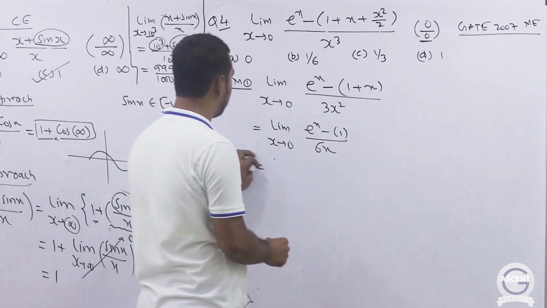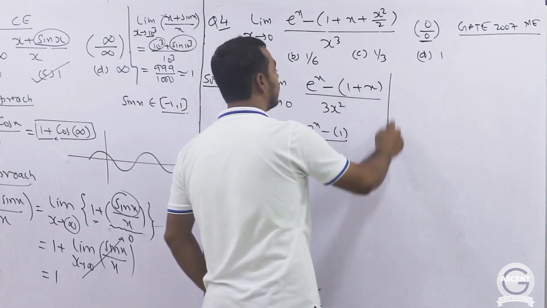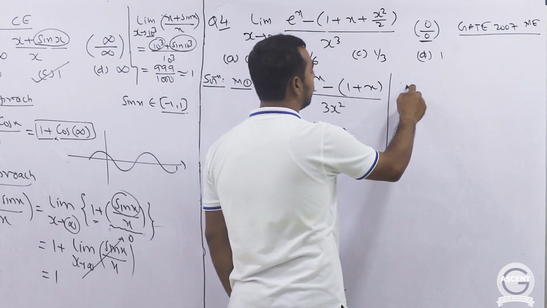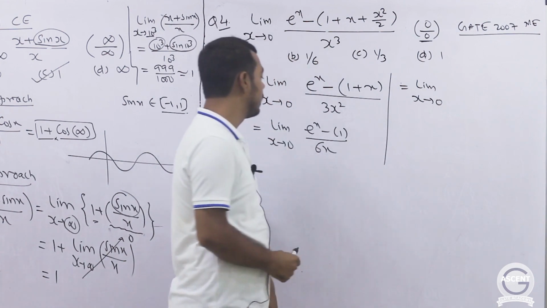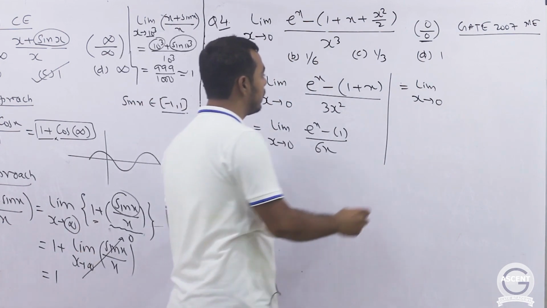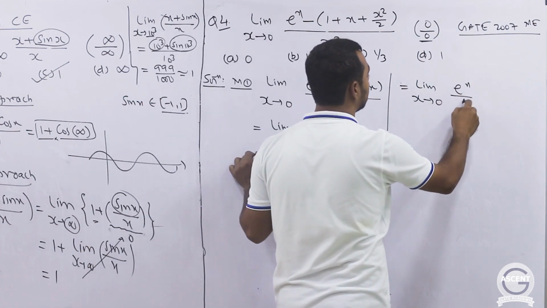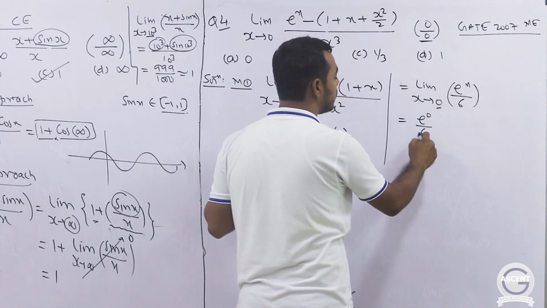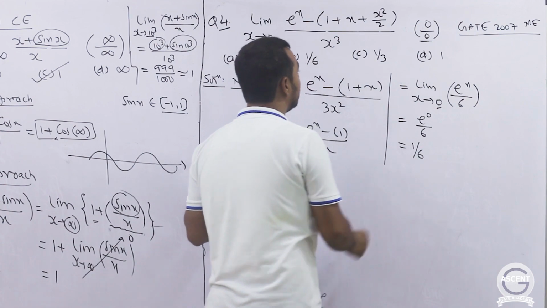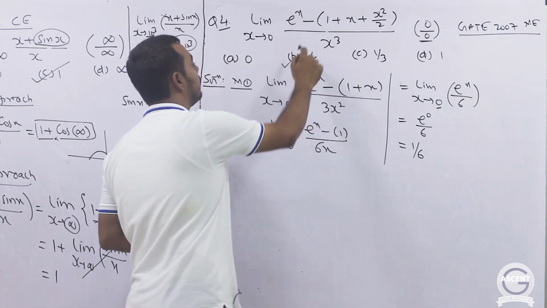Differentiating one more time, I will get limit x tending to 0, and the derivative of e to the power x will be e to the power x by 6. If I place x equals 0, e to the power 0 by 6, which is 1 by 6. So the correct answer is option B.